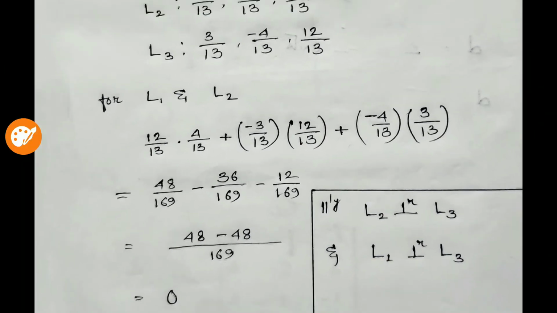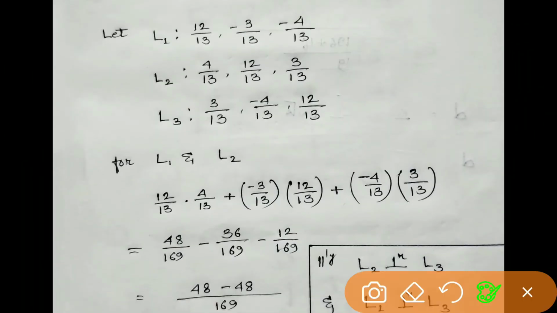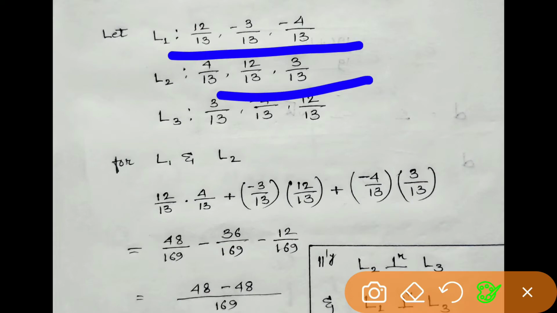You can see here, this is the direction cosine of line 1, this is the direction cosine of line 2. So you can see this into this, this into this, this into this.